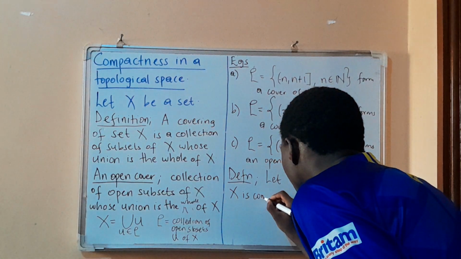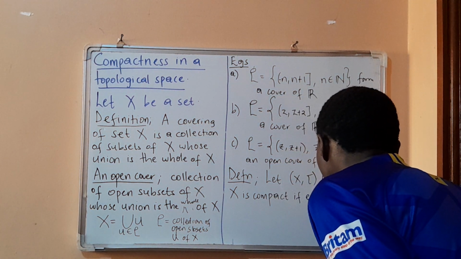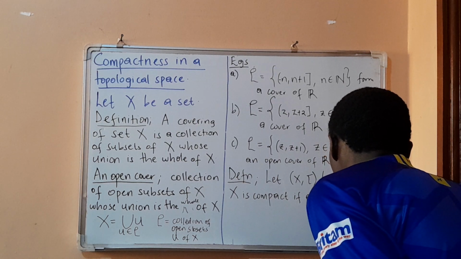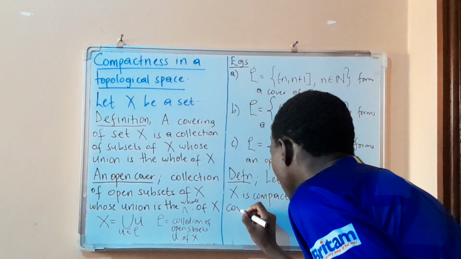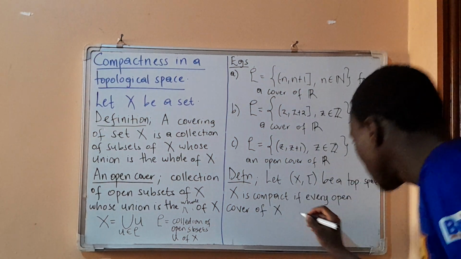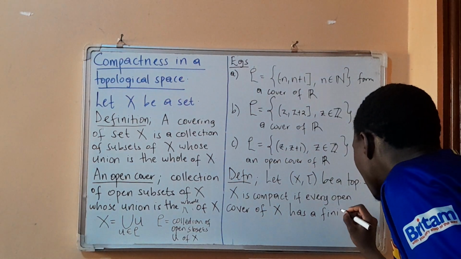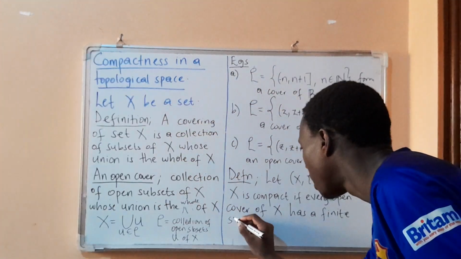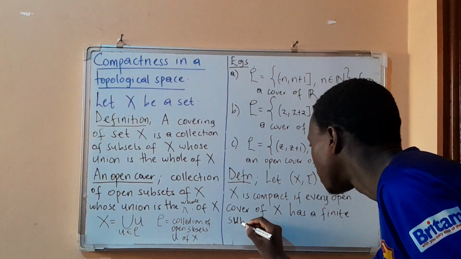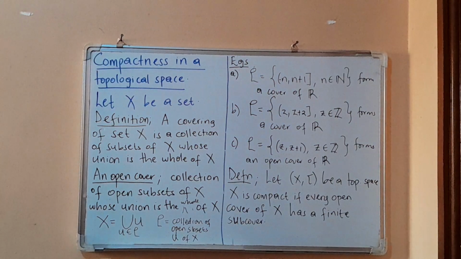That space X is compact if every open cover of X has a finite subcover.